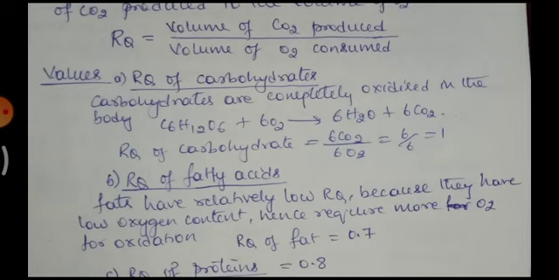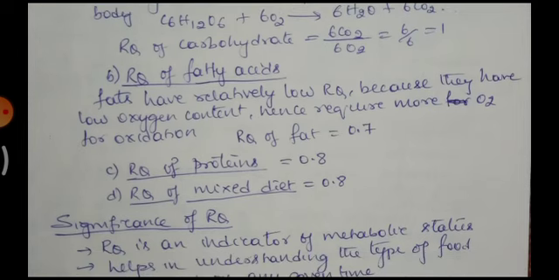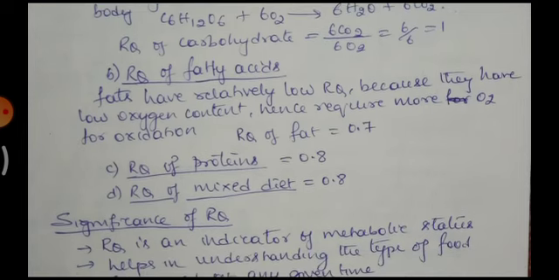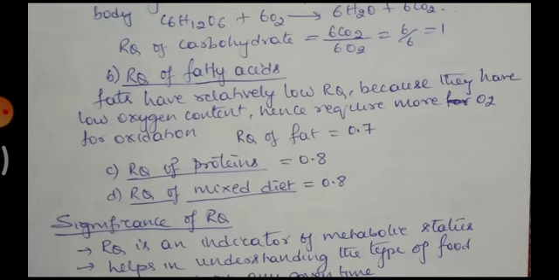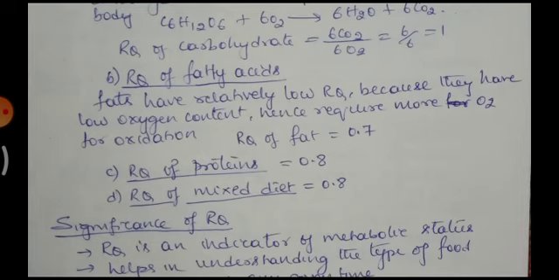Whereas for fatty acids, fats have a relatively low respiratory quotient because they have low oxygen content and hence require more oxygen for oxidation. Carbohydrate contains sufficient oxygen, whereas fat contains less oxygen, so we have to take extra oxygen through respiration to use for oxidation.